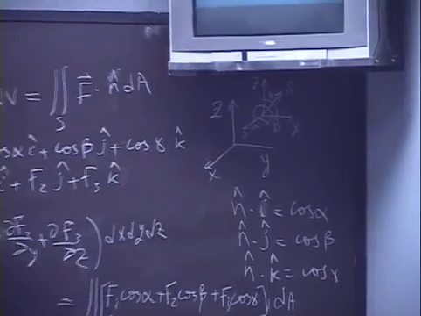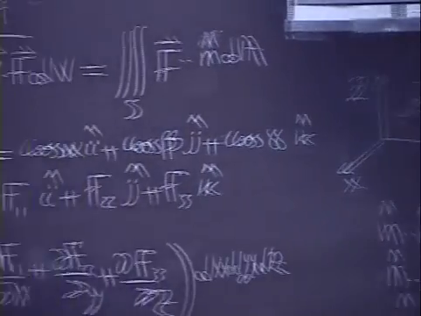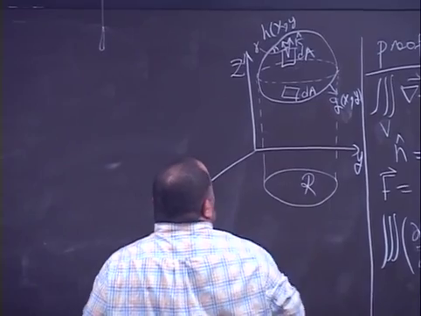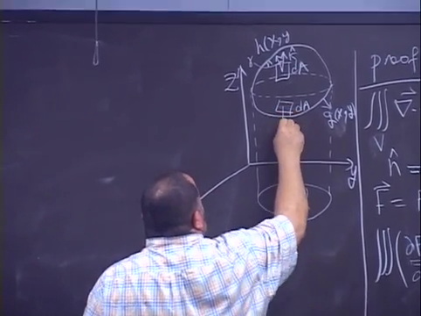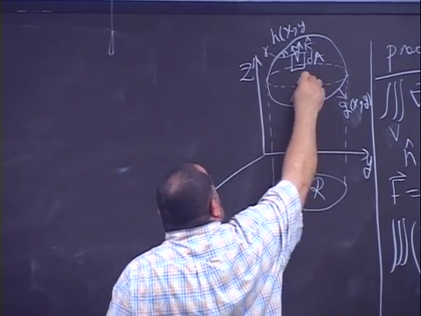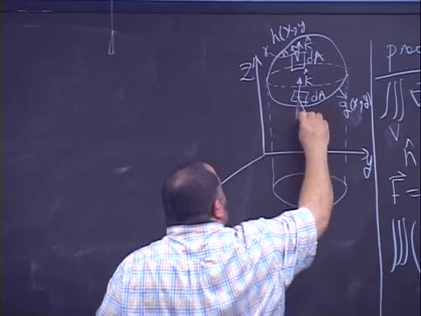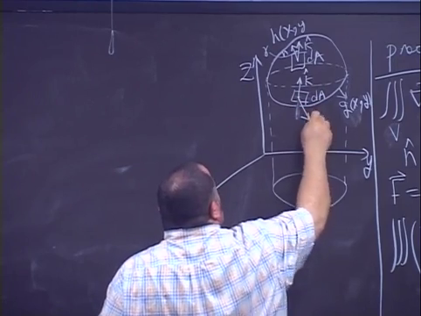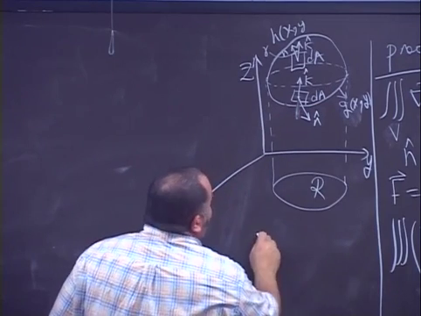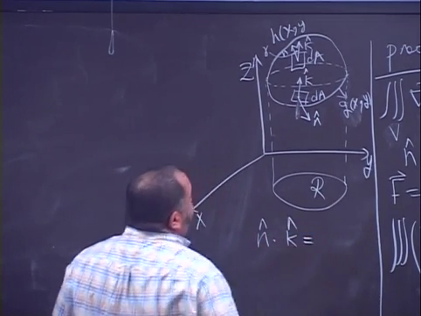For the lower part here, this will again be the area dA. This is the k direction, and the unit normal is like this, pointing downward here. So n dot k is equal to what?